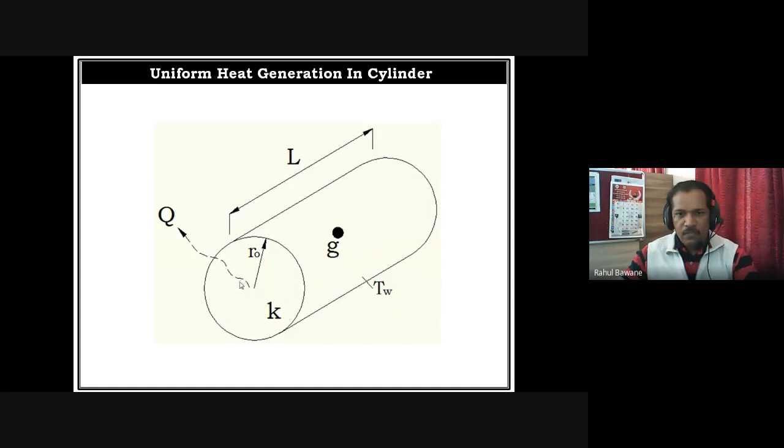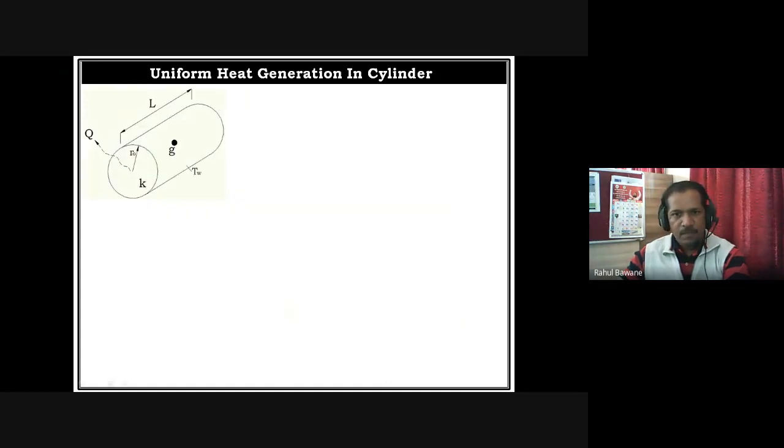We are assuming one dimensional heat conduction, and that dimension will be the radial direction only, so heat travels radially. So let us see how the equation of the temperature profile will be derived and what it will be.